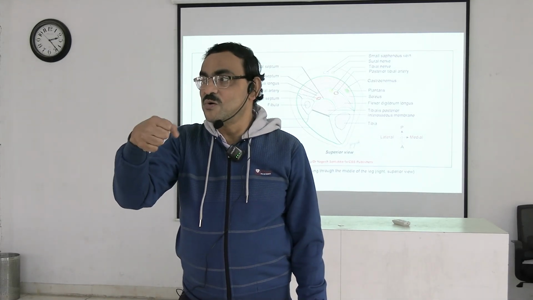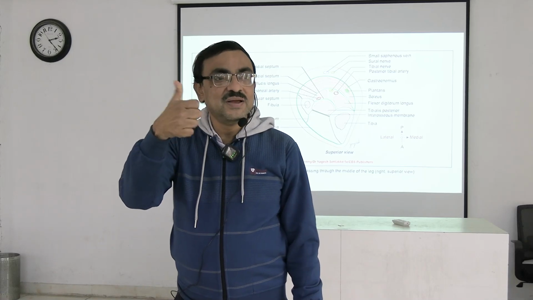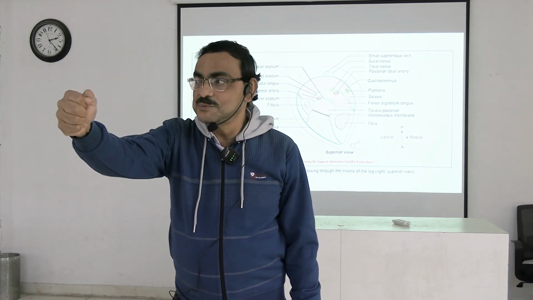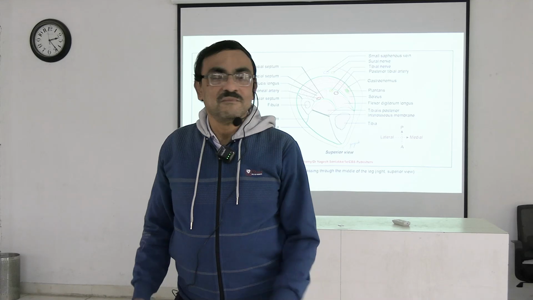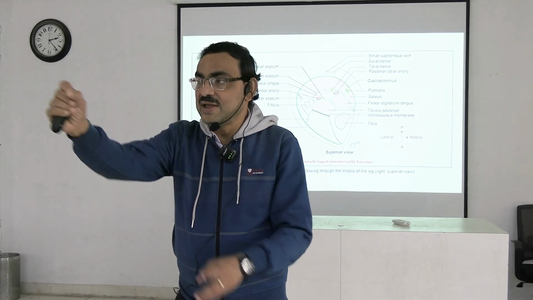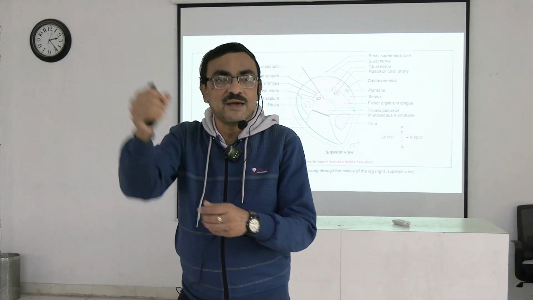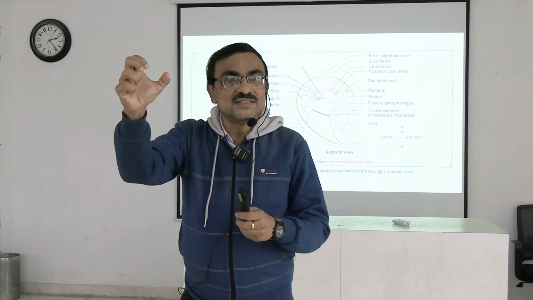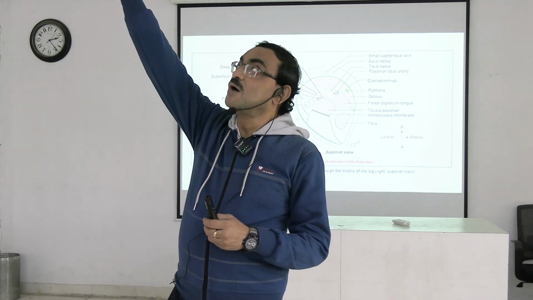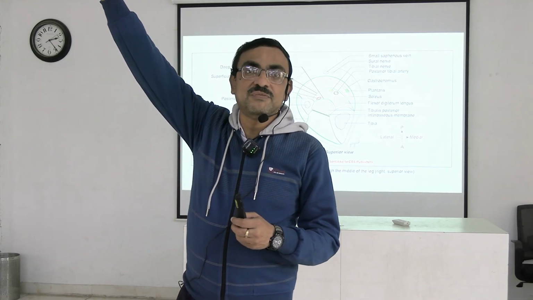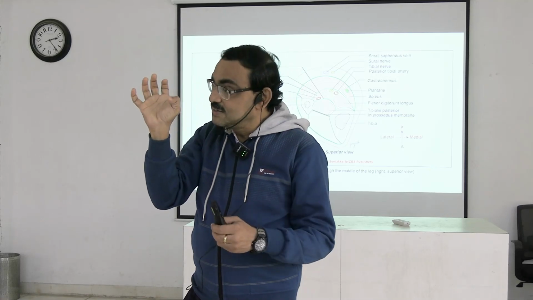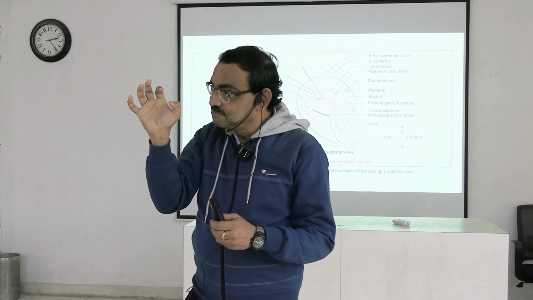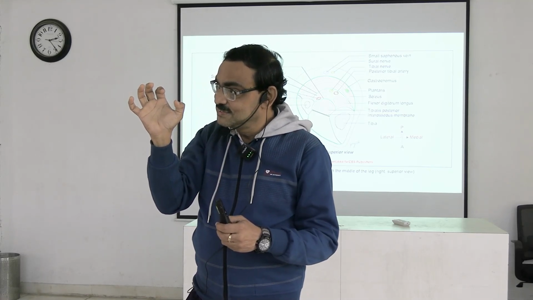We know there are so many movements we can grasp, by which we can apprehend. Nature has, we are at the top of the phylogenetic tree because of the fact we have got this thumb, a pollex.